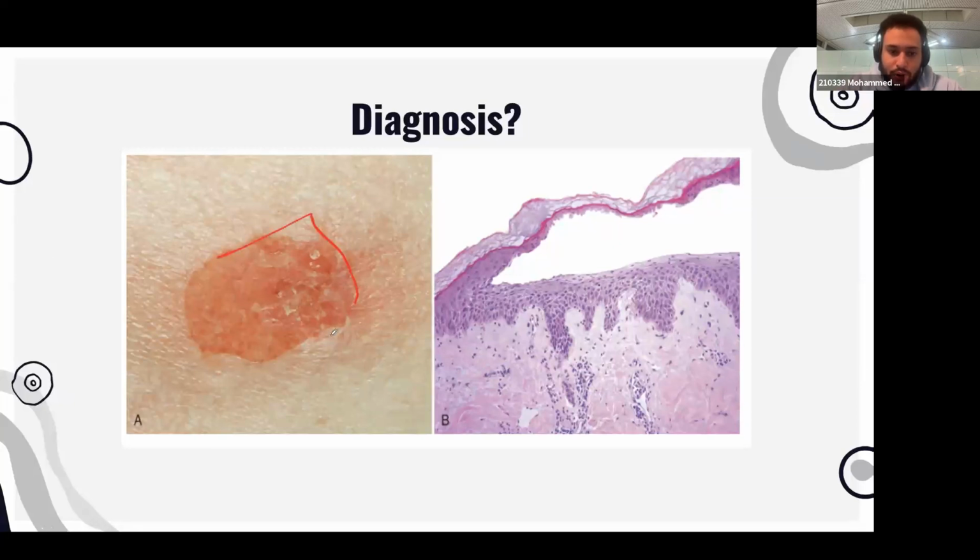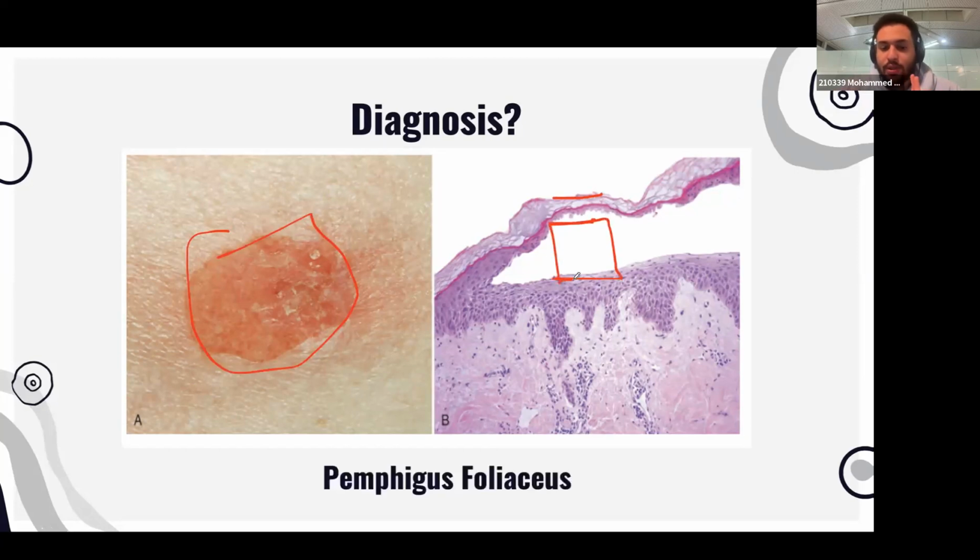This whole thing is an erosion. Now over here you have another feature, the acantholysis, or the separation of the skin that happens. In this case, it's subcorneal, so below the stratum corneum. That's all you need to know about this one.